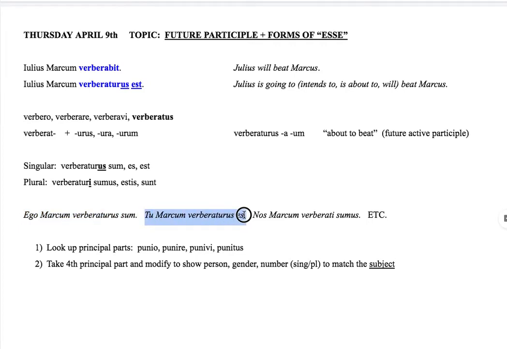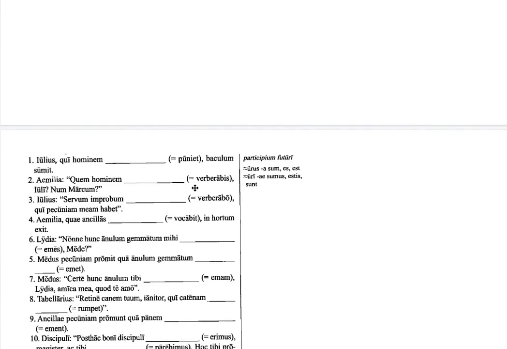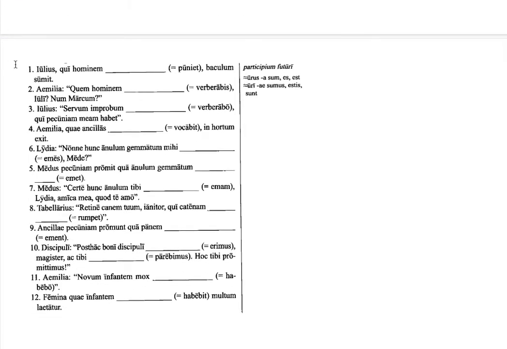Tu Marcum verberaturus es, you are going to beat Marcus. And we can go to the plurals too. Nos Marcum verberat... oh, I made a mistake here. Verberaturi sumus. The ur is important because you see that it shows up here in the word future. So that's what I'd like you to focus on. I think I said this when we were practicing for the National Latin Exam last year: ur means future.